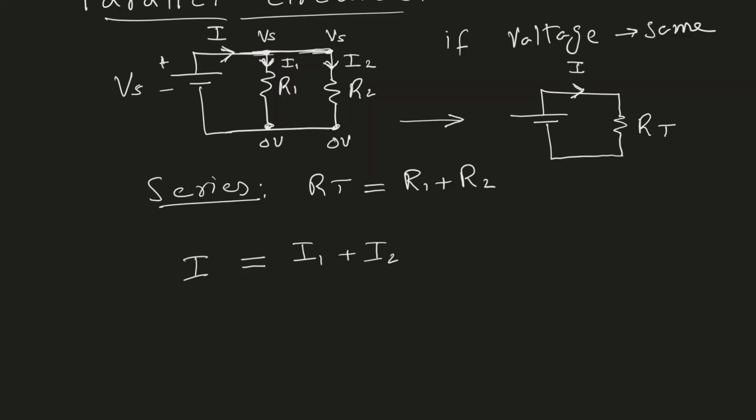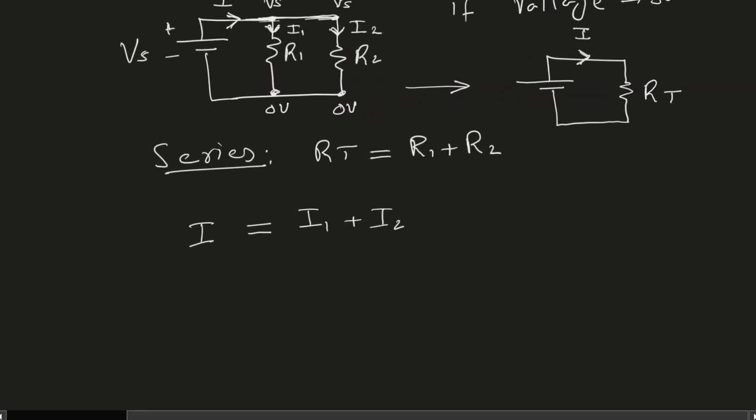So I1 and I2 may be different, but we can very clearly see that their sum will be equal to the total current provided by the supply. This equation, I equals I1 plus I2, later on we will see it has a name, but for now we can agree that this equation is correct.